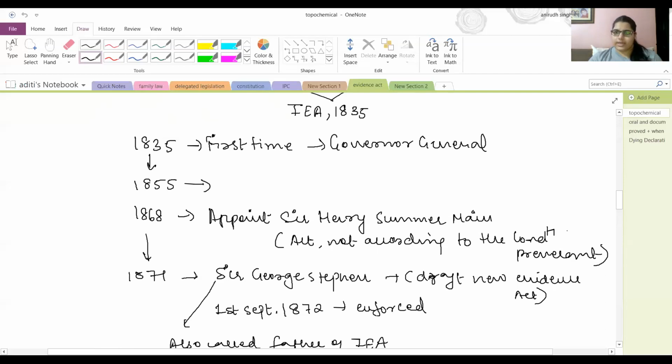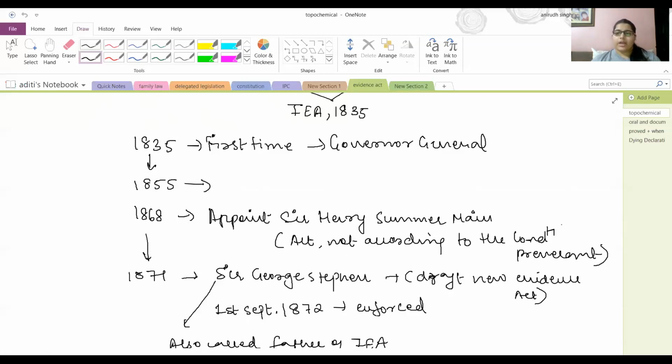But India did not have those conditions at that time.